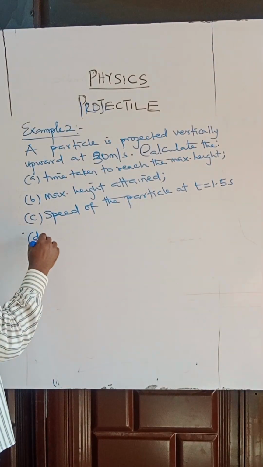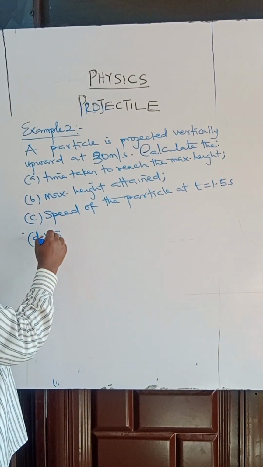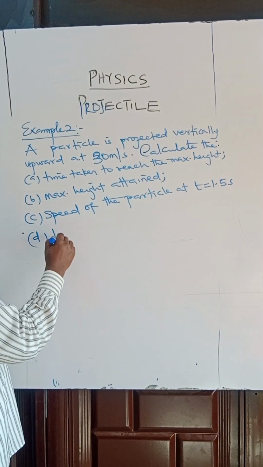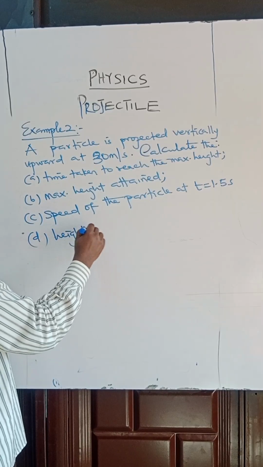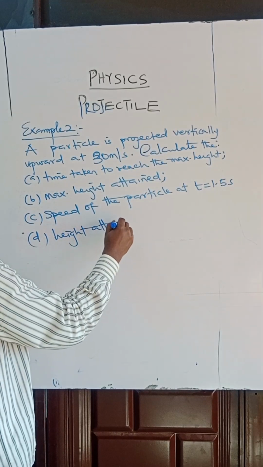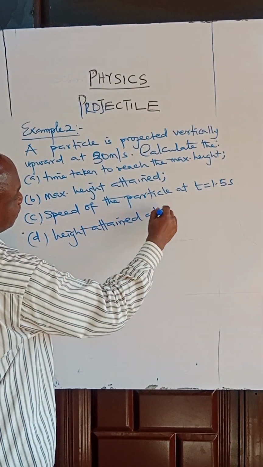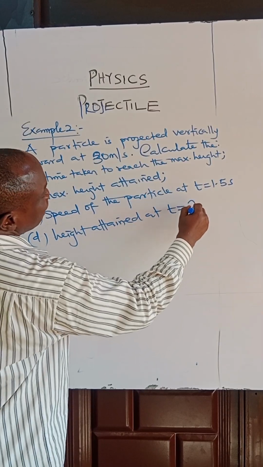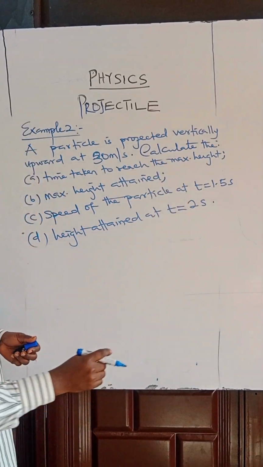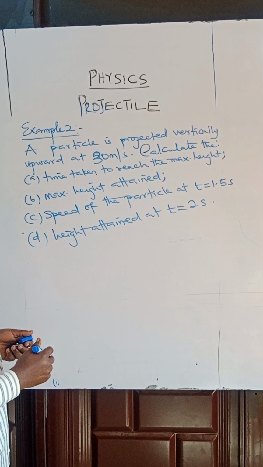And D, find the height attained at t equals 2 seconds. These are the questions we want to consider.